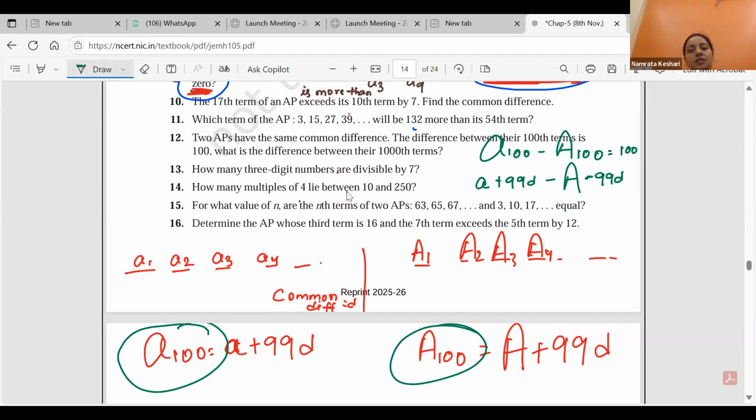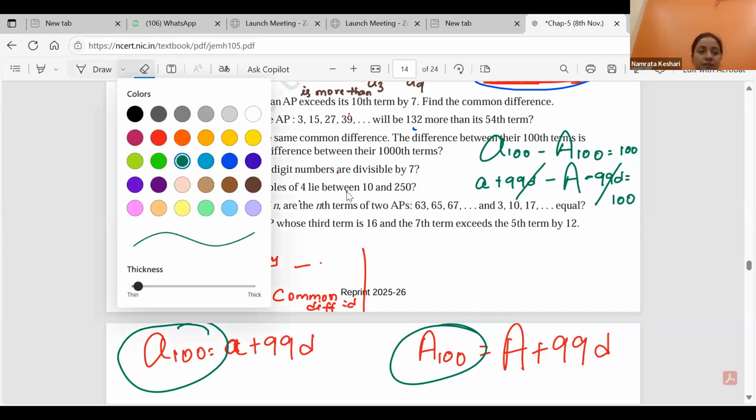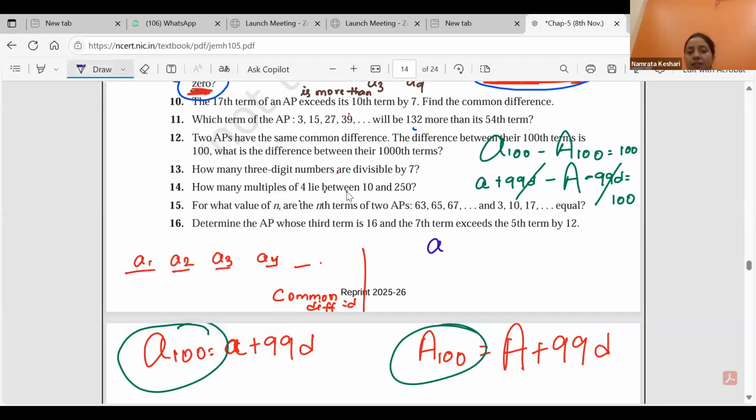Why minus? Because directly I have opened the bracket. Is it making sense, Abdullah? Yes, ma'am. अब हम देख सकते हैं 99d gone और हमारे पास क्या रह गया, small letter a minus capital letter A is 100. Making sense? Yes, ma'am. एक हमारे पास condition है that is small letter a minus capital letter A is 100.